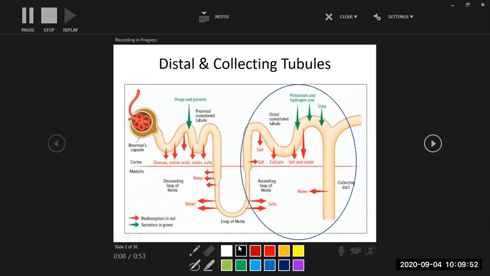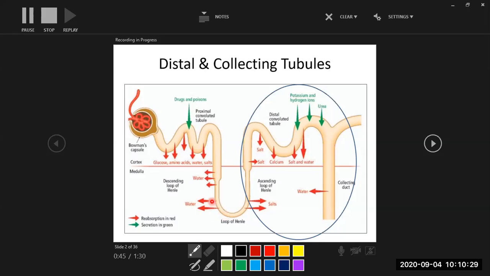Because earlier we talked about, sorry, not this one, this one. We talked about the renal corpuscle filtration, and here is the proximal tubule. The major theme is the reabsorption. Then the loop of Henle. The loop of Henle is unique in that it has a sharp turn going into the medulla, where we have the high osmolarity.